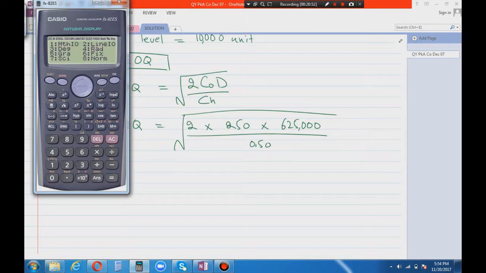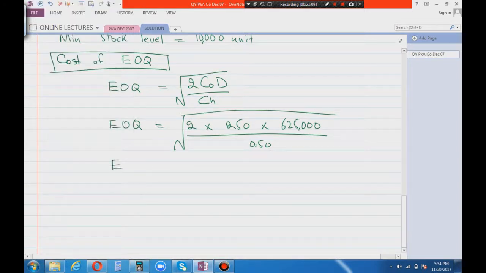So if you use your calculator and find the economic order quantity, that would be 2 multiplied by 250 multiplied by 625,000 divided by 0.5, square root, that would be 25,000 units. So economic order quantity policy will suggest that we should order 25,000 units in one order.